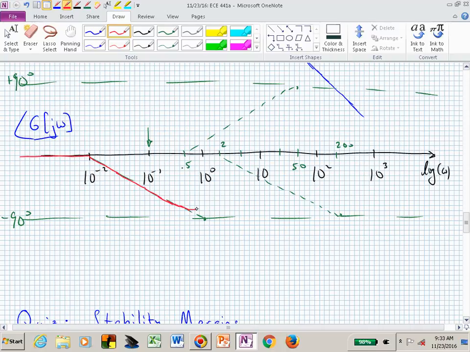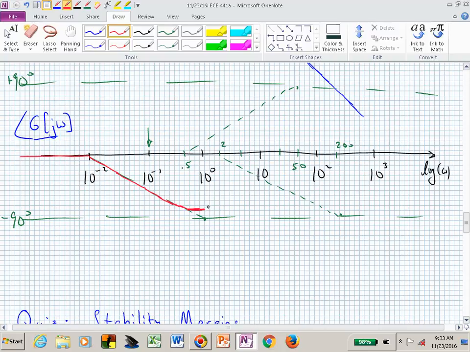So now I'm flat until here, and then what happens? Then my pole at 0.1 quits contributing phase change. It's going to give me minus 90. Now I have to go back up at plus 45 degrees per decade until I see more overlapping slopes.